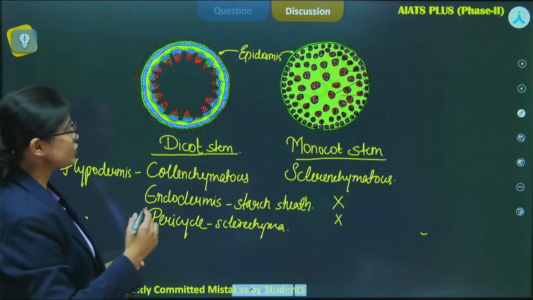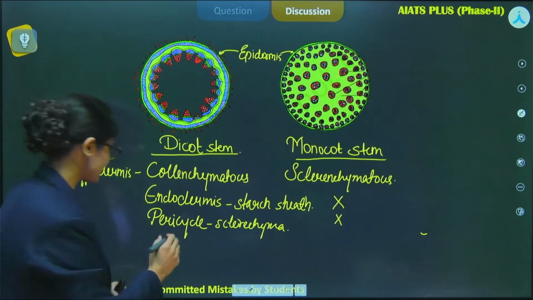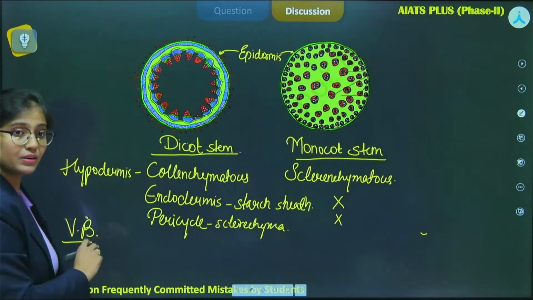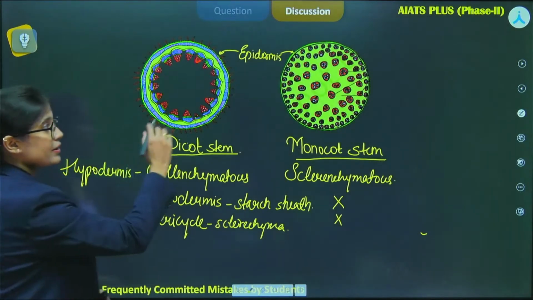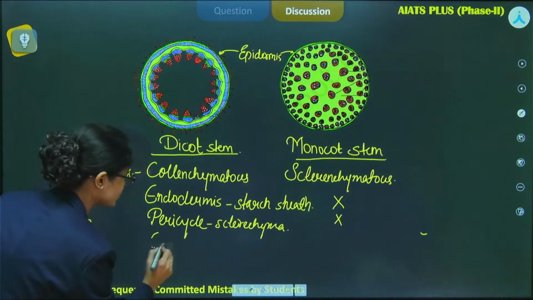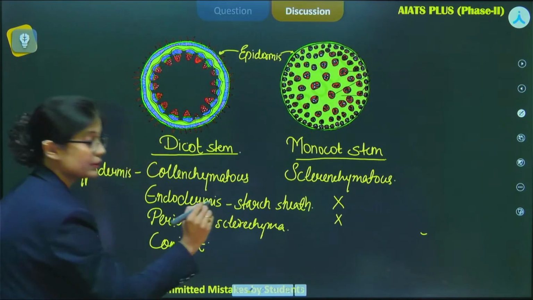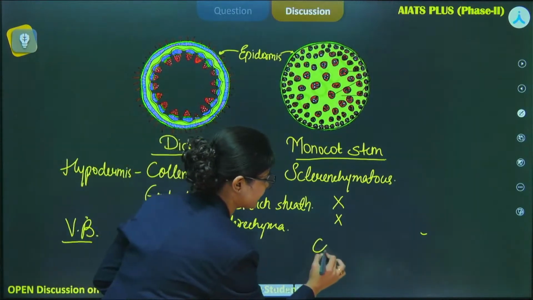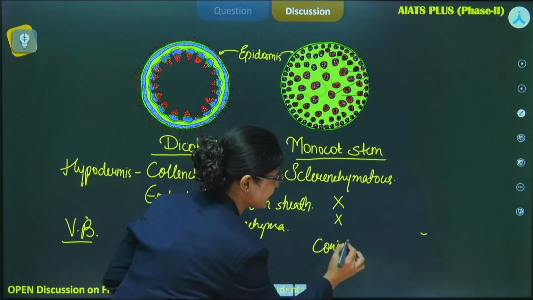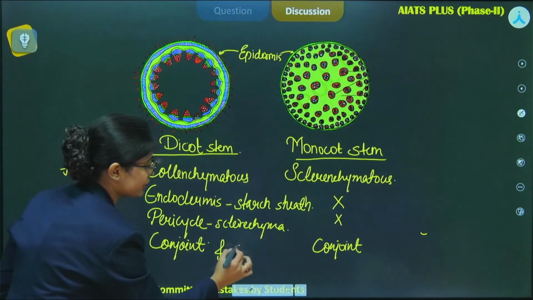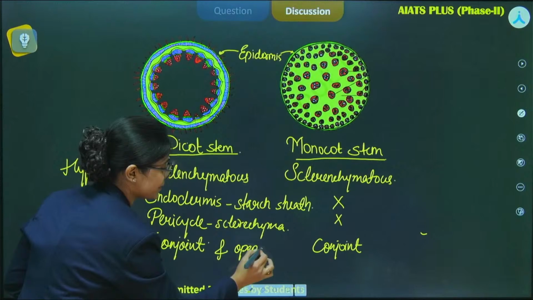Now, next one is vascular bundles. If we talk about vascular bundles, I am writing VB for vascular bundles. So, in both of them, conjoint vascular bundles are present, right? But one differentiating feature is that in dicot, open type of vascular bundle is present.